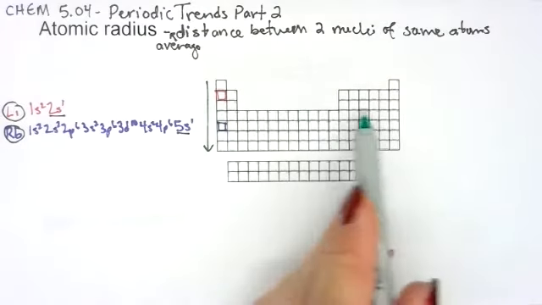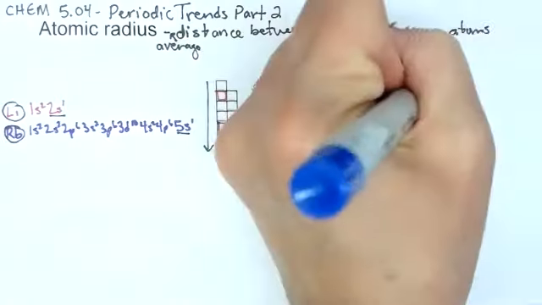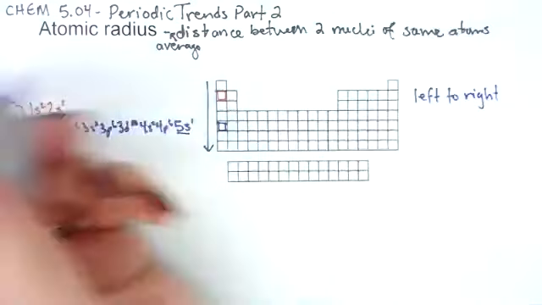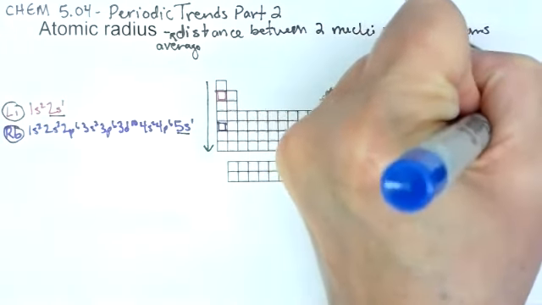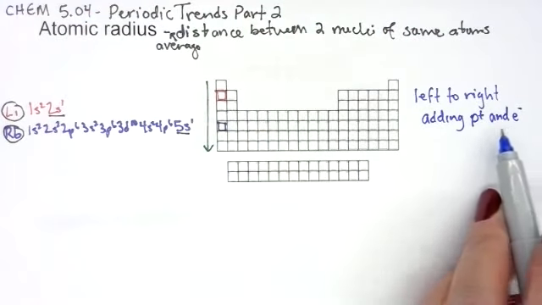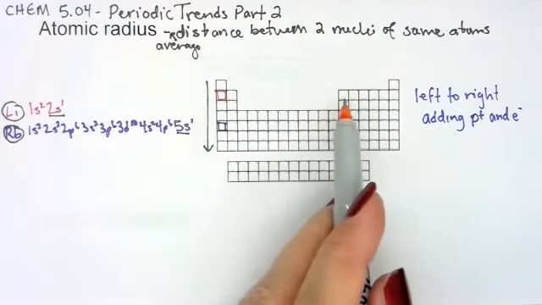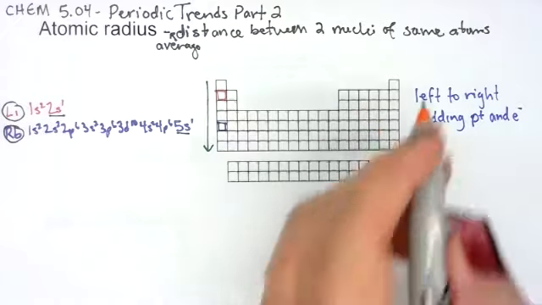As I go from left to right, it's true, I am adding electrons, but I'm also adding protons. You would think that because I'm adding electrons, my radius would increase, but what has the most effect on radius is that carbon has 6 protons, nitrogen has 7 protons.